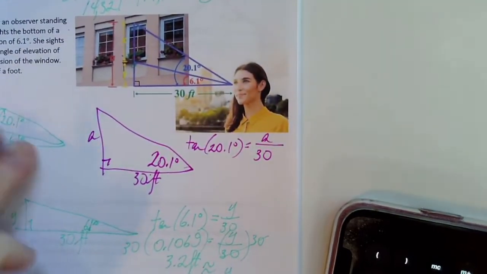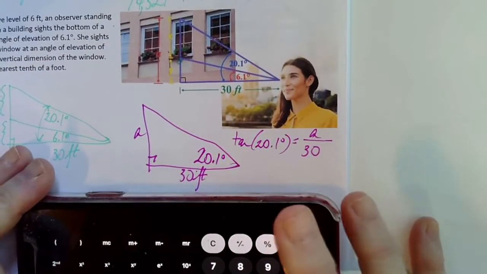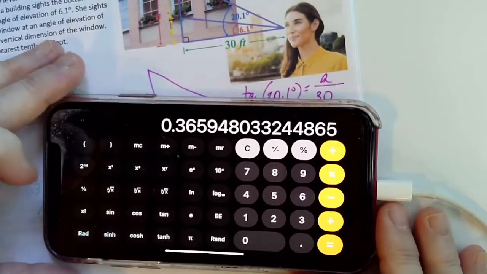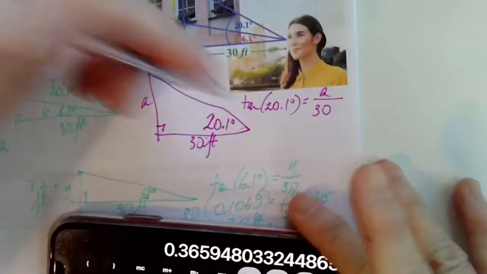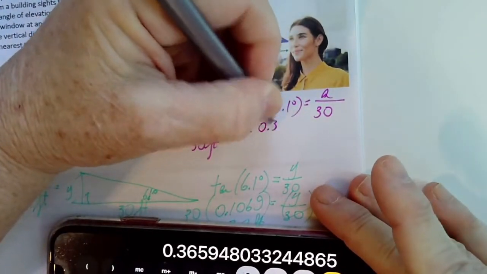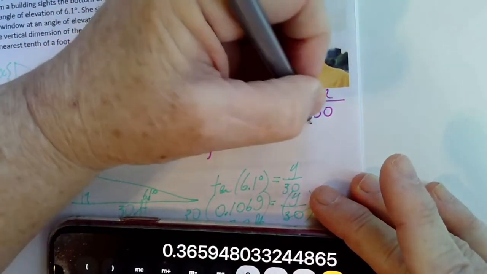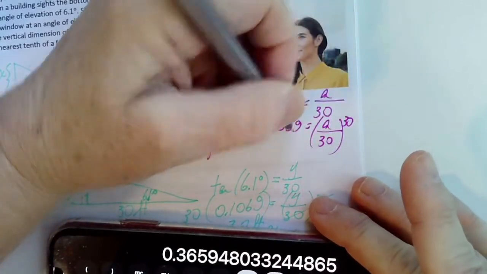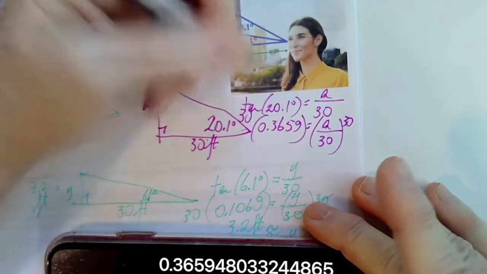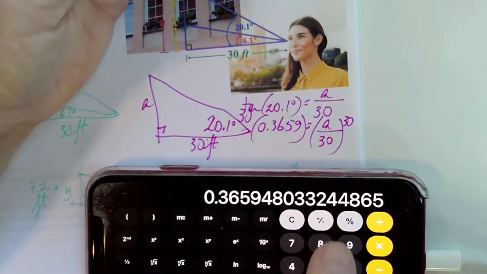Let's see. 20.1 tangent 0.3659. Okay. 0.3659, and that's equal to A over 30. If we multiply both sides by 30, I don't want to multiply this number by 30.